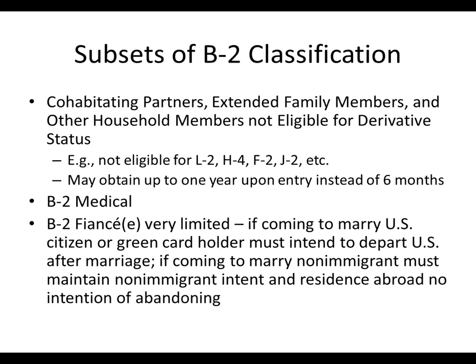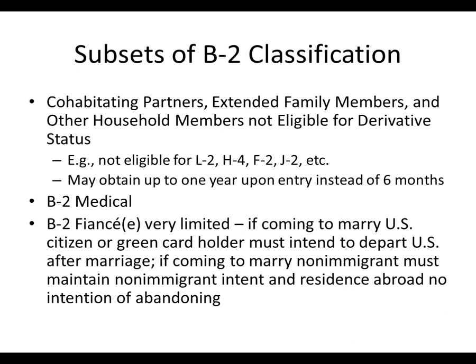B2 classification is permissible for individual family members of non-immigrants who, for other reasons, do not qualify as quote-unquote immediate relatives. So, for example, an elderly mother-in-law perhaps would not be able to qualify as an H4 along with her son, who's also an H4, and the wife is the principal H1B.